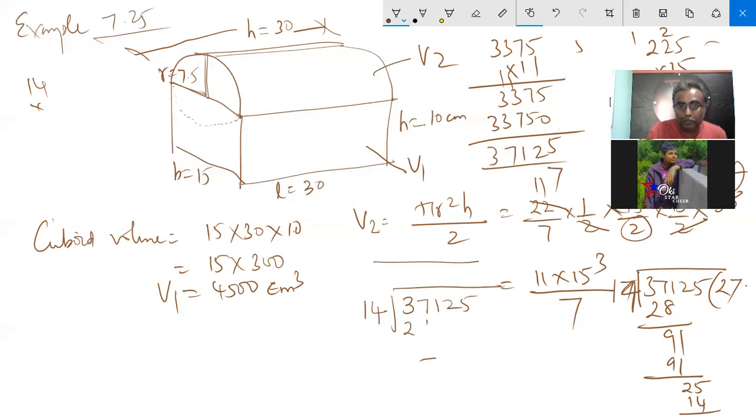So it's going 2 times. Okay. 37, 8, 9, 10. Remainder is 9 only. Calculator is giving 2651.